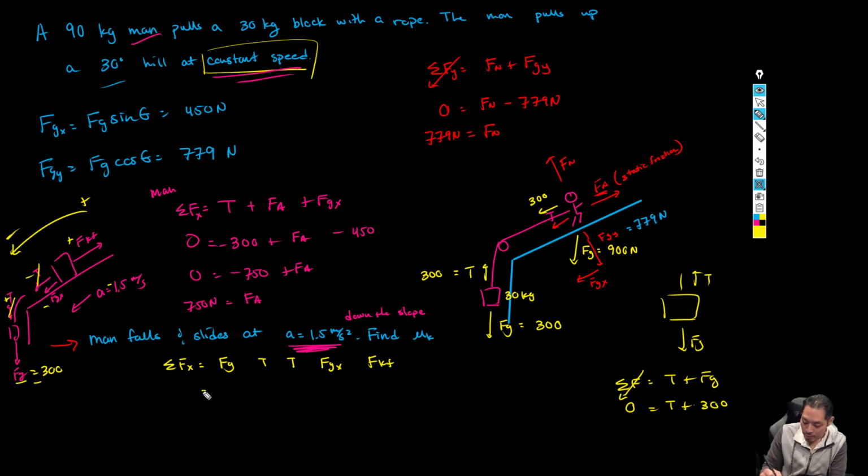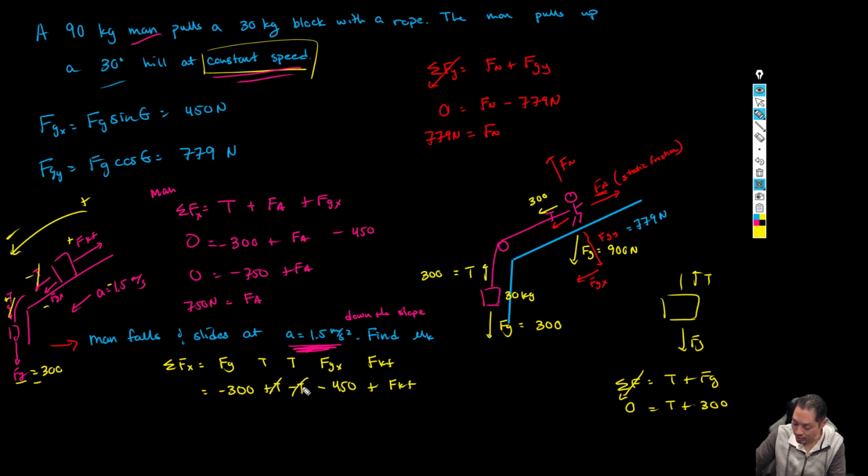Fg I labeled as negative, so negative 300. This T is positive. This T is negative. Fgx I labeled as negative, so that will be 450. And Kf I labeled as positive, that is what we're looking for, the force of kinetic friction. So here the tensions cancel out.